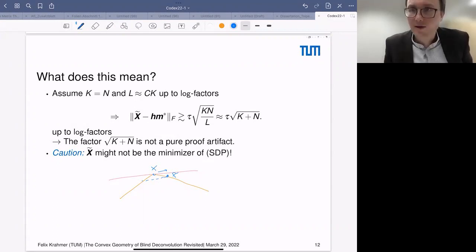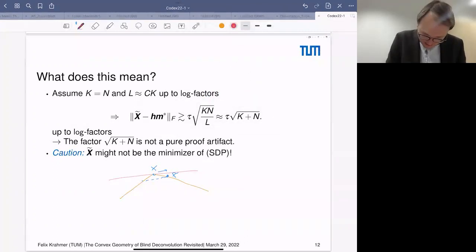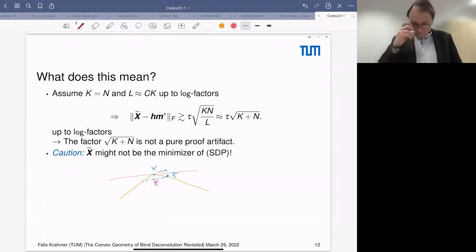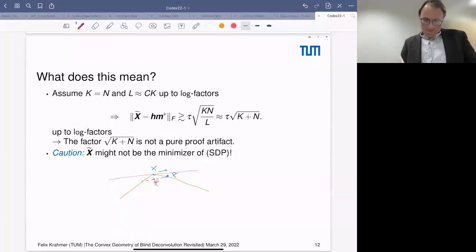It has a smaller nuclear norm, but it doesn't mean that it's the minimizer, because what's actually true in this picture is that there is another x tilde tilde that has an even smaller nuclear norm and is again close to our true solution.